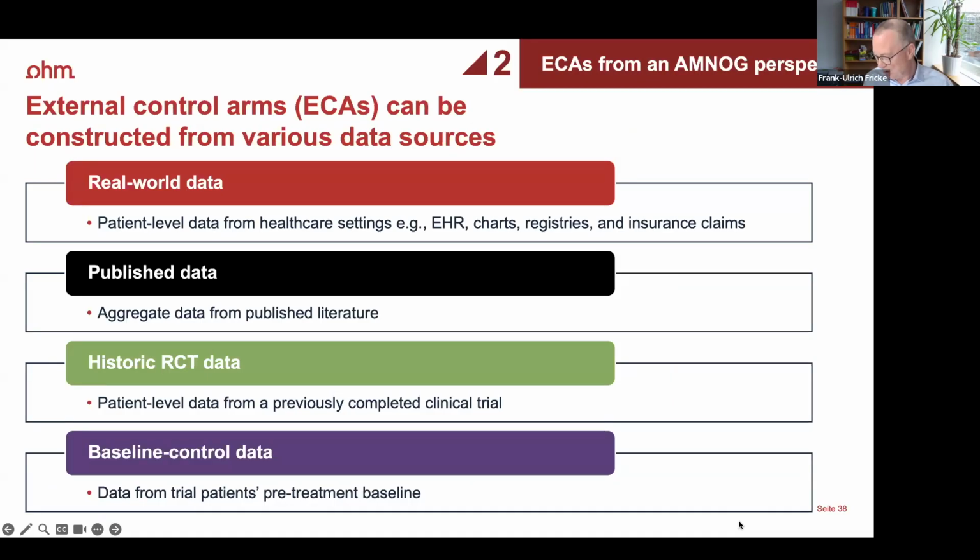I think the most important message here is from a German systems perspective, and I guess that's shared by many of you out there, external control arms are part of an indirect comparison.